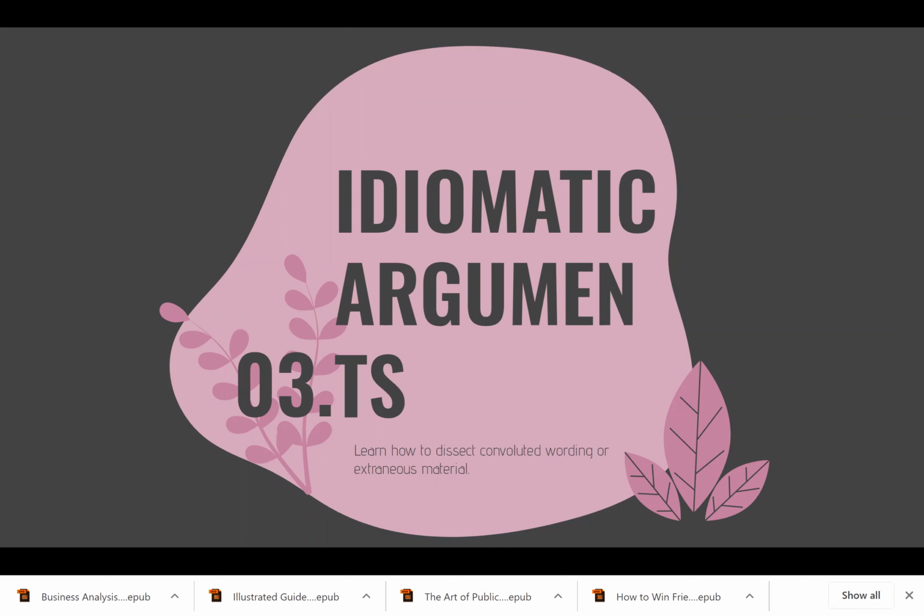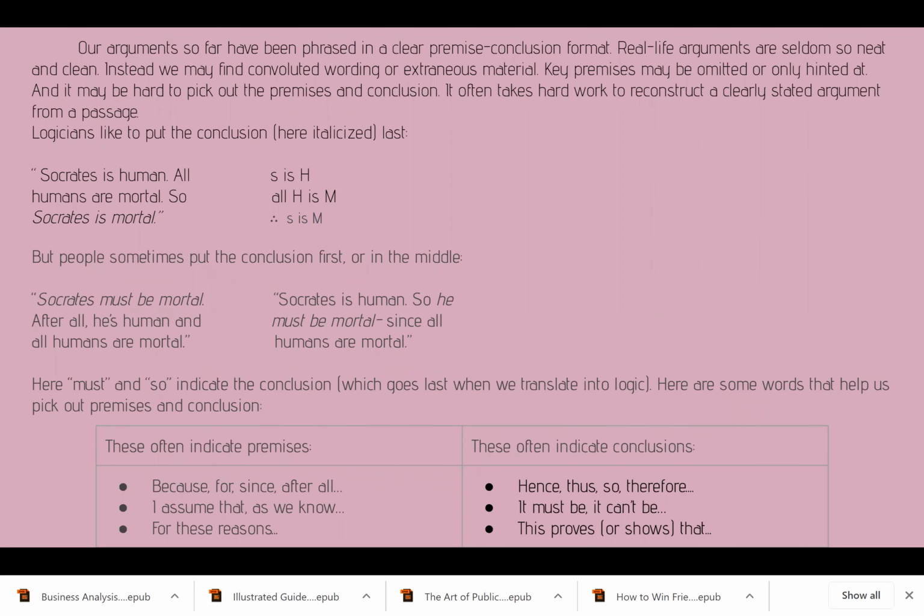So the third part we're doing today is idiomatic arguments. We'll learn how to dissect convoluted wording or extraneous material. Our arguments so far have been phrased in a clear premise-conclusion format. Real-life arguments are seldom so neat and clean.